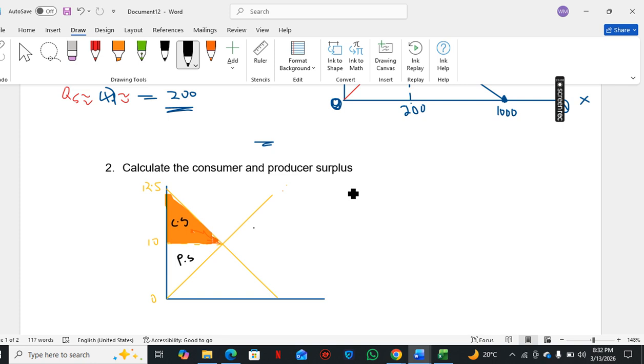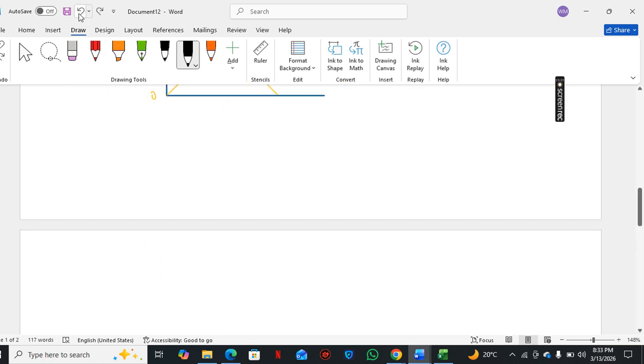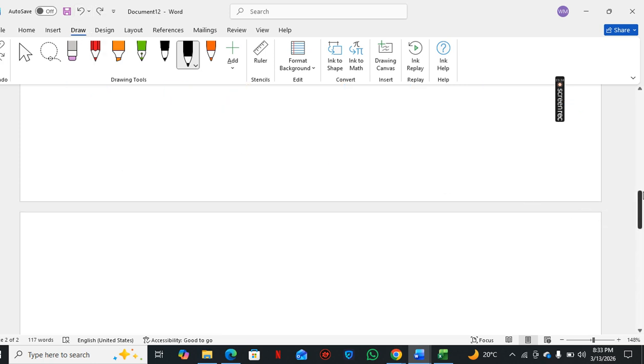So to get your consumer surplus, is the area of this triangle. This formula won't be provided to you. The university assumes that since you cleared mathematics in high school, you remember this. So half B times H. Okay? H, just remember, is the height of the triangle. You want to get the height of this triangle.